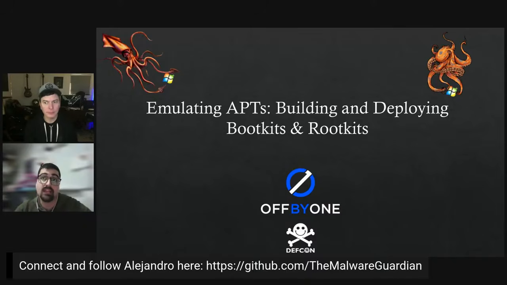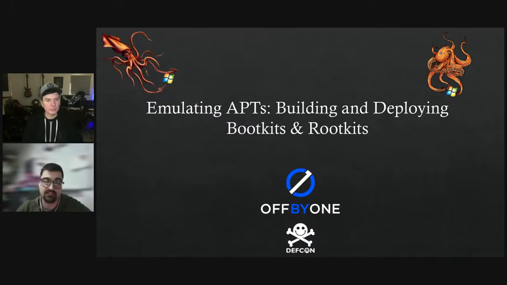What I have prepared for this second session is the emulation of an APT. We're going to install and test the UEFI bootkit and the kernel mode rootkit in a machine that has Secure Boot enabled and an EDR installed, CrowdStrike Falcon. And that's what we're going to do today.